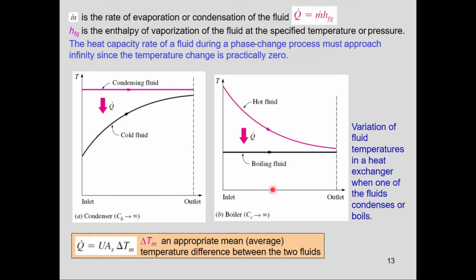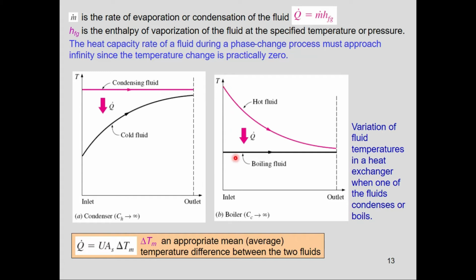But now see the case of the boiling process. This is the opposite case. Let's say this is the case of boiling. In this case, the hot fluid is at the higher temperature while entering into the heat exchanger.